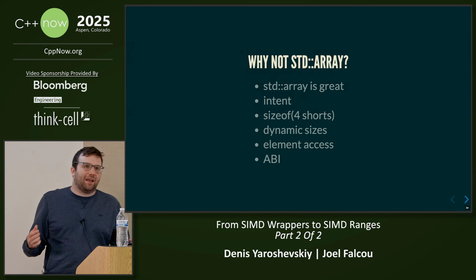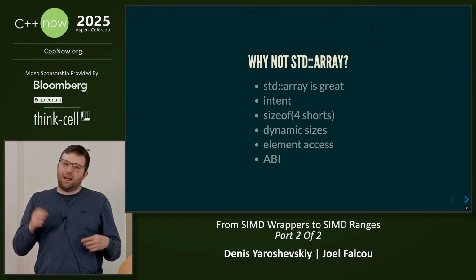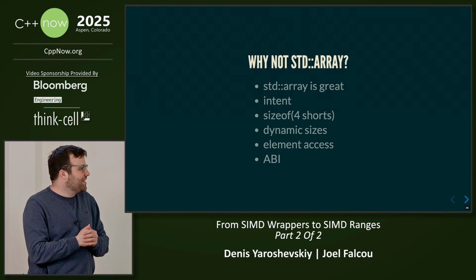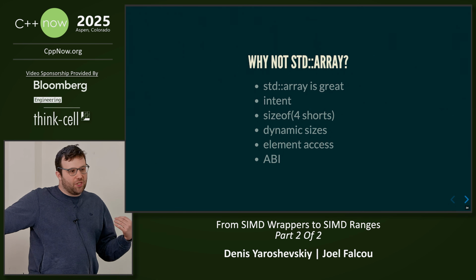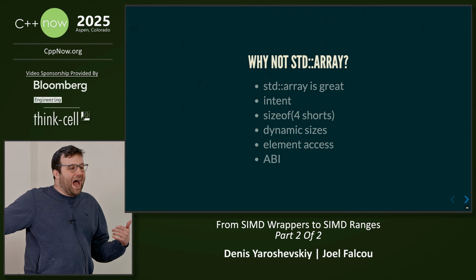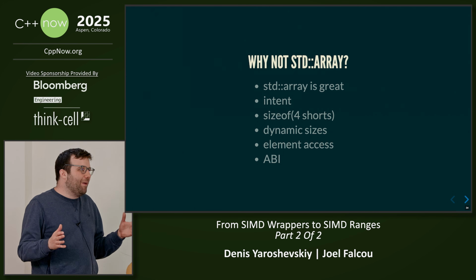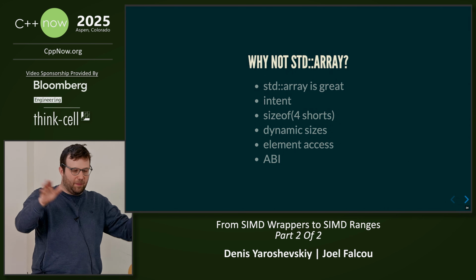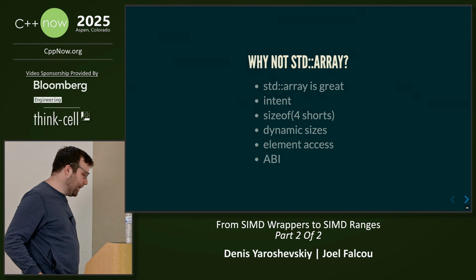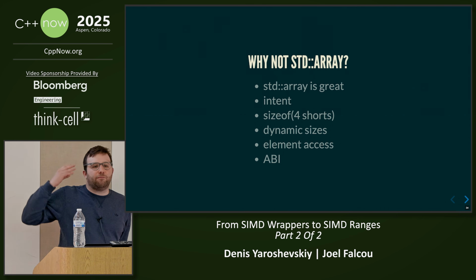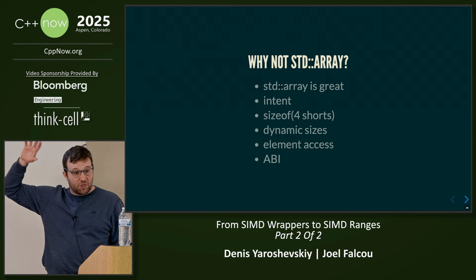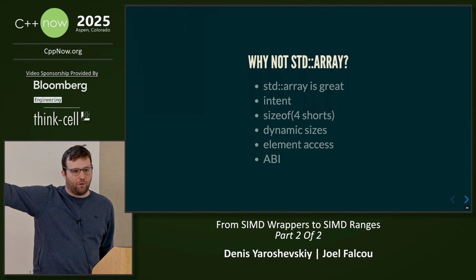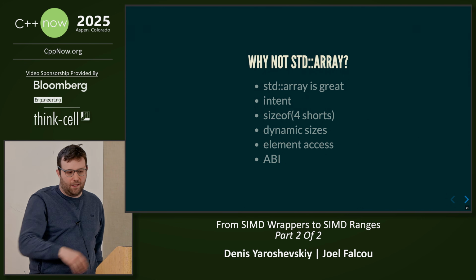Finally, the ABI thing. Again, I mentioned under the hood one would be some memory, the other would be a register. Not sure how much this is a problem. So 16 bytes, 8 bytes, different interpretation, differently passed through the stack. What if you gave up and said we just pass the standard array and then the compiler unpacks it for us into what we actually want?